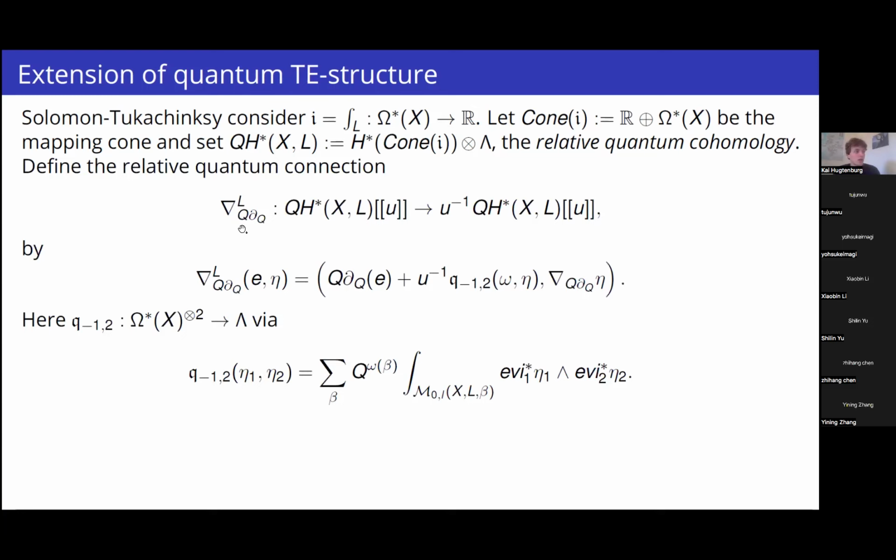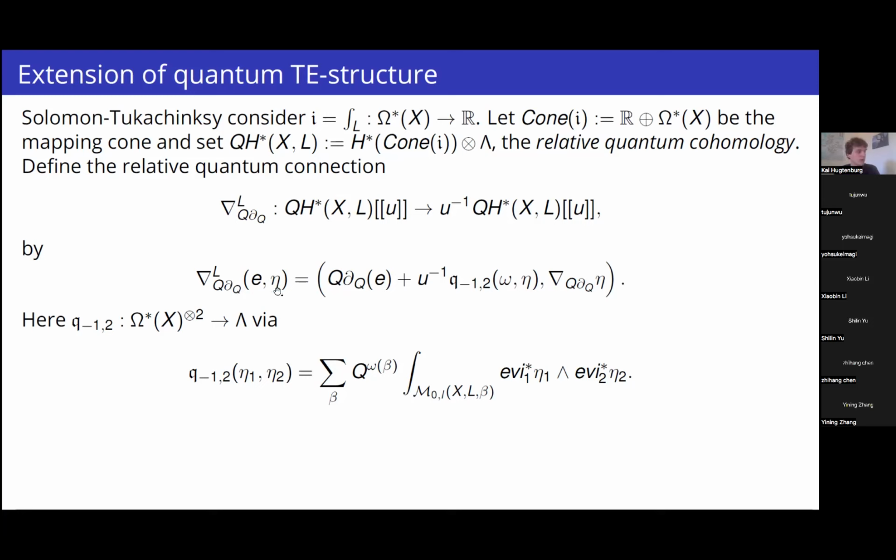And then what they additionally do is that they define a relative connection. I will only consider this connection in the Q direction in this case, because that will be most interesting for the application. But you can also do it for the connection in the U direction. So they define it on the relative quantum cohomology. And in this case, how is it given? Well, an element in this cone complex can be represented as a real number plus a differential form.